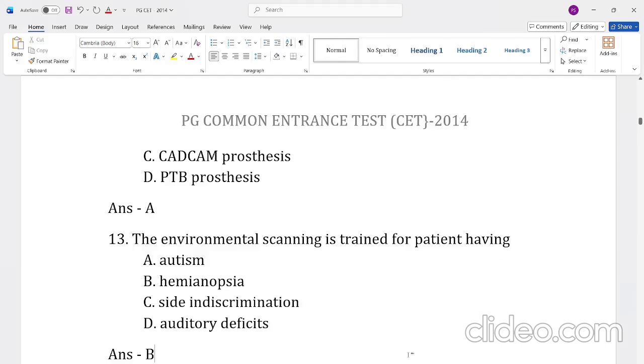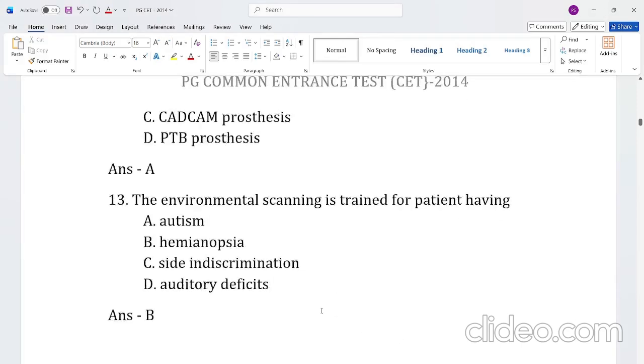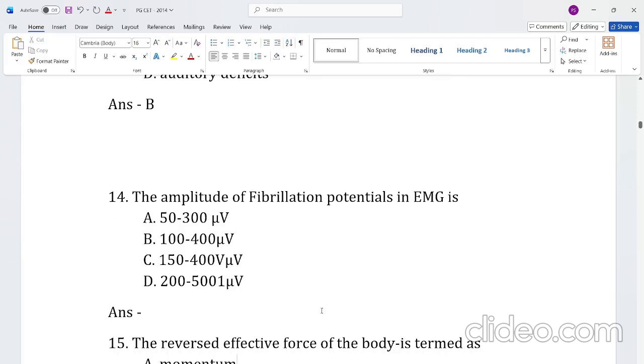So now comes the next question. The amplitude of fibrillation potential in electromyography is: option A, 50 to 300 microvolt; option B, 100 to 400 microvolt; option C, 150 to 400 microvolt; option D, 200 to 500 microvolt.